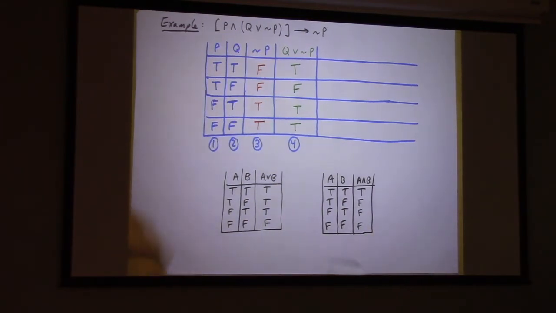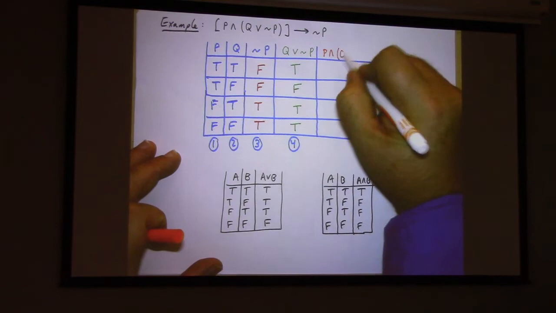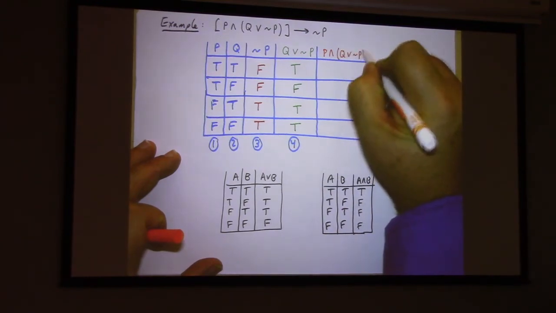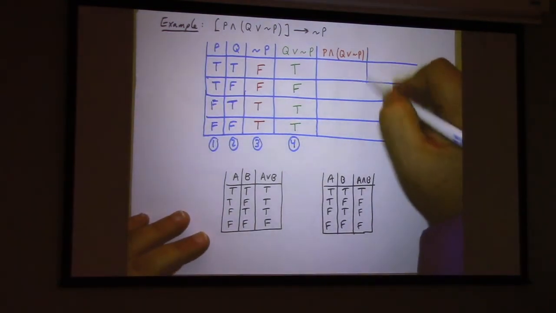All right, so we're supposed to figure out next up, which is what? P and, I'll use a different color here, P and Q or not P. So what do we need? How do we figure out that column, column 5?